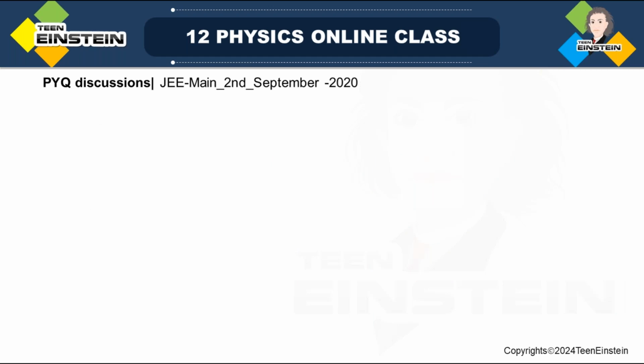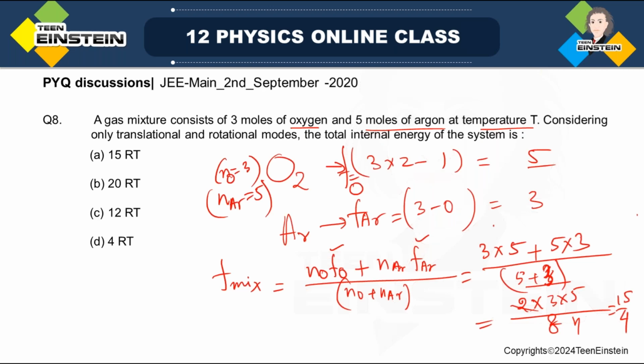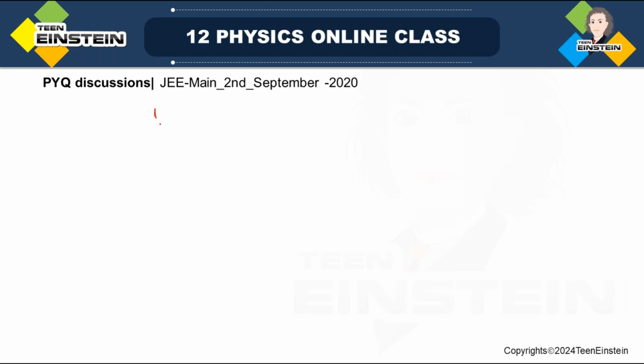Now I have the degrees of freedom and the total number of moles. Can we find the internal energy for the mixture? Yes, that is half into F mix into the total moles, N oxygen plus N argon, RT.